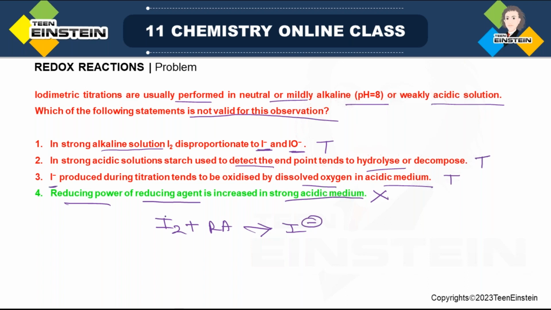This statement cannot be true, that in strong acidic medium the reducing power of any reducing agent is always increased. No, this is not at all possible. Basically, this statement itself is wrong. Even if you do not consider iodometric titration, the statement itself is wrong. Okay, so this is the statement which is not valid for this observation.